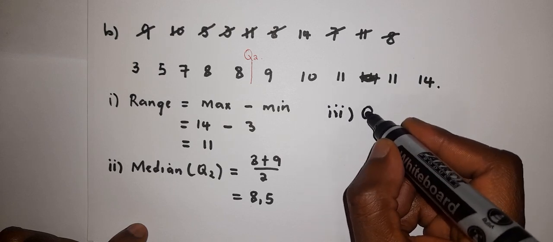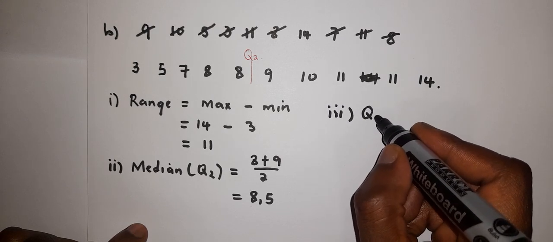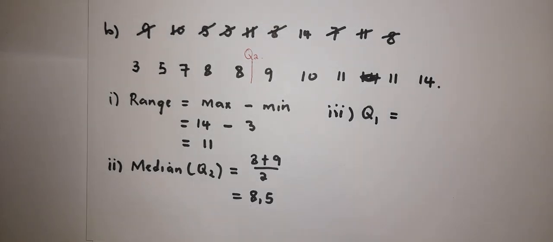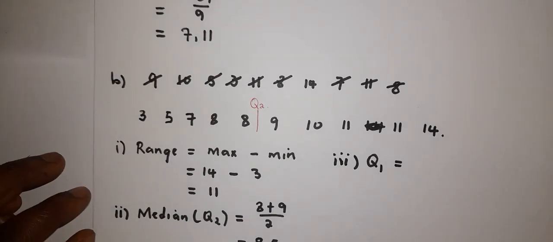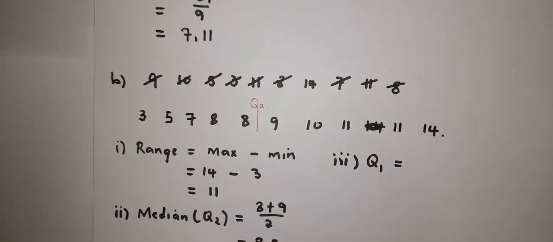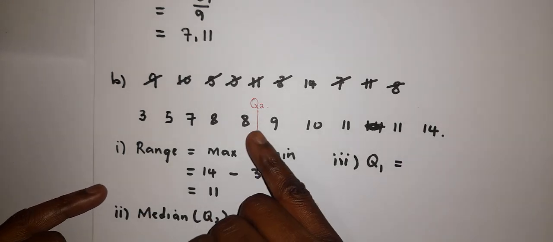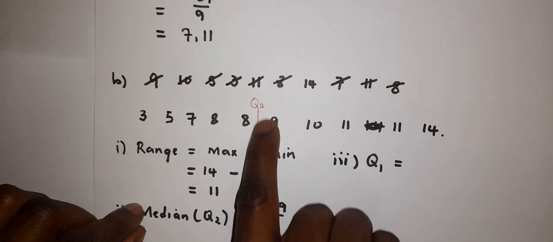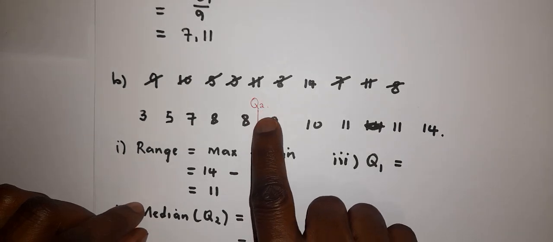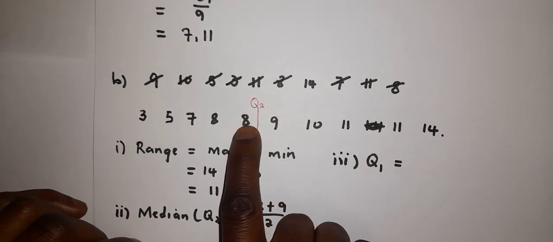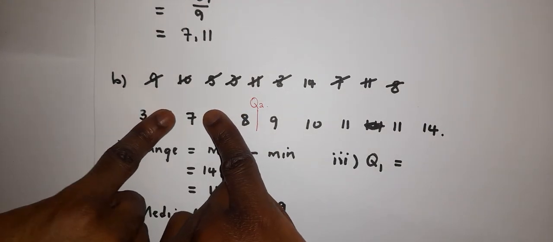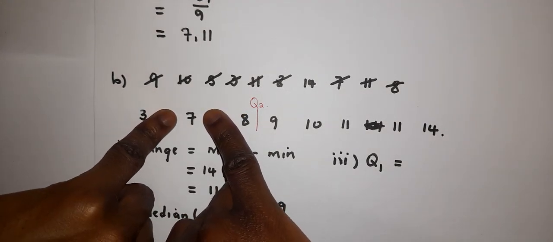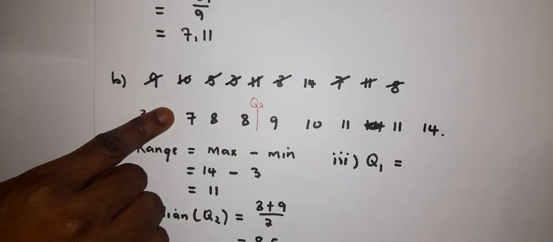Then the next one, we're looking for our Q1. Our Q1 is the lower half of the data set. Because our Q2 is in between these two, we start counting for our Q1 from this point. We close this 8, this one, this one, this one, and then we can't close any further, but we are left with just a number.